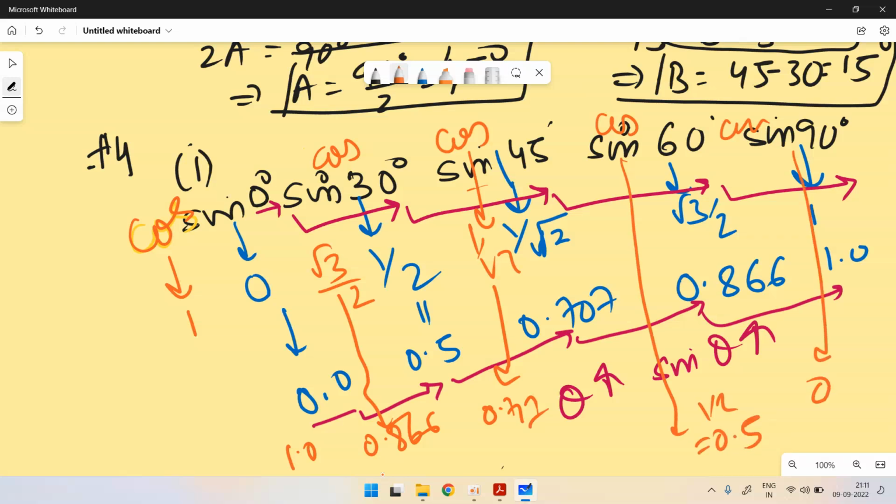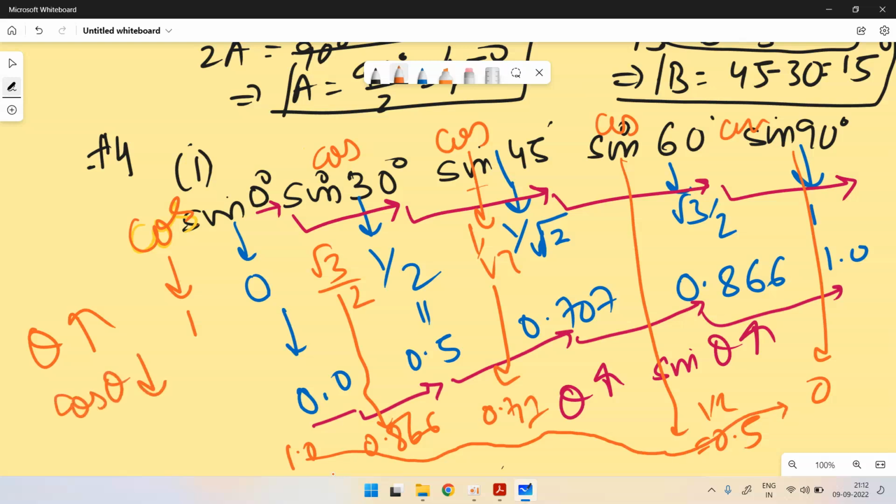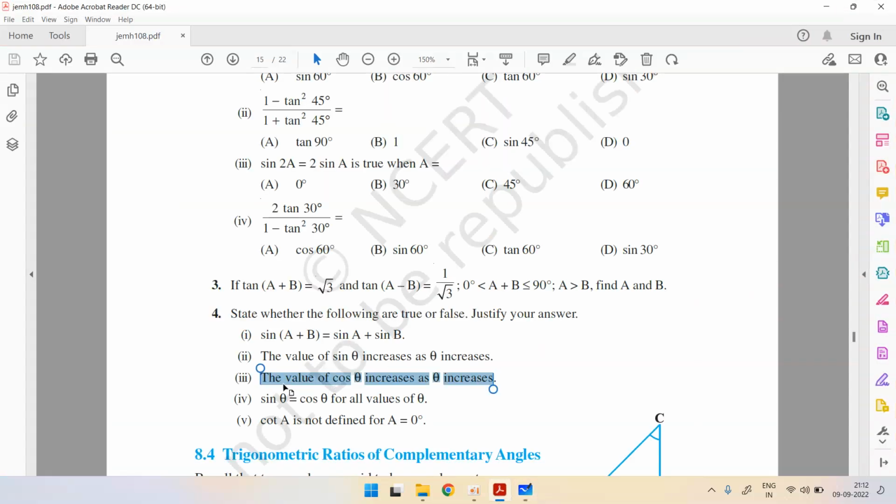Your theta is increasing, but the values keep getting less and finally come to 0. So if theta increases, cos theta will decrease. So this third option is false.